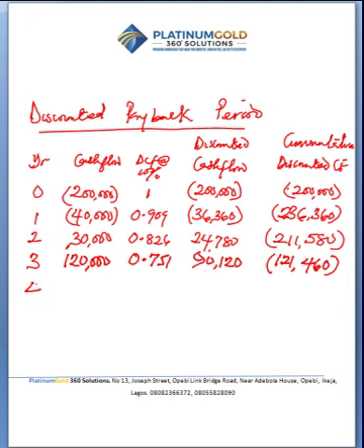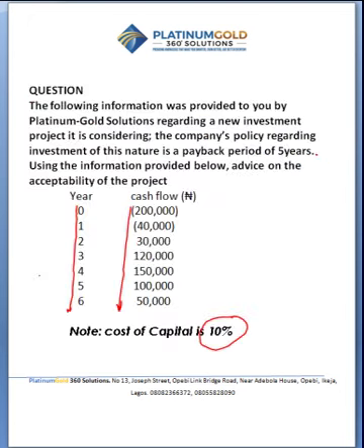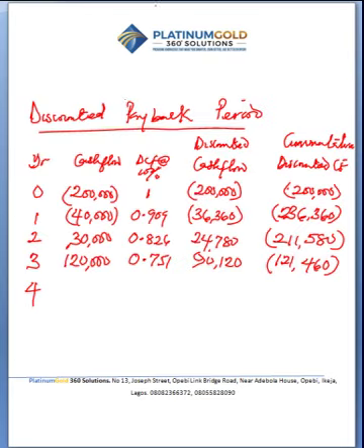Then this will extend to year 4. In year 4, it made 150,000. The discount factor is 0.683.